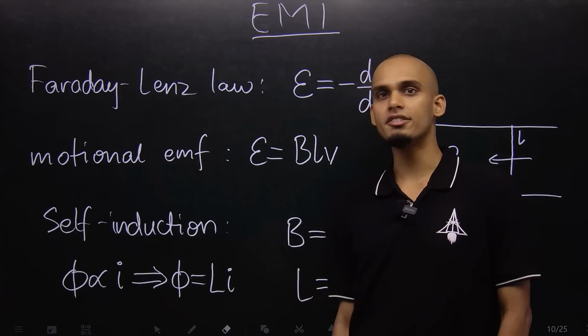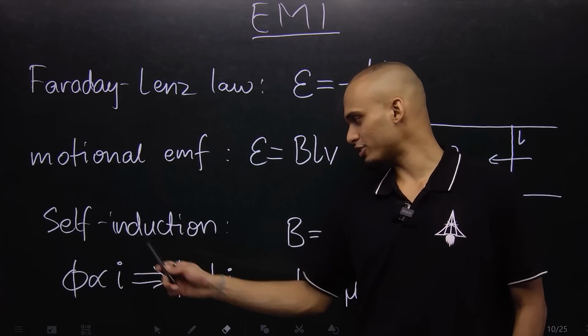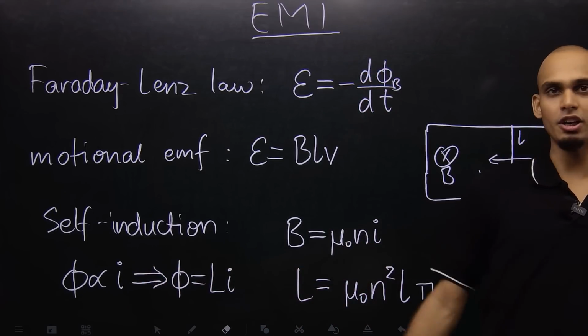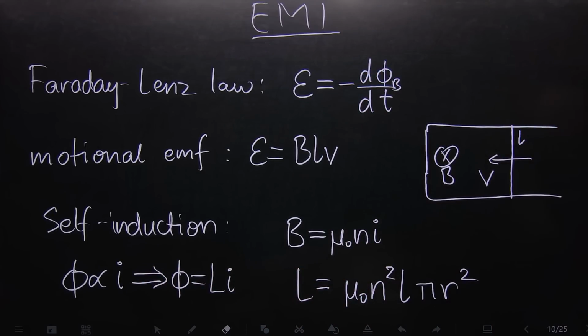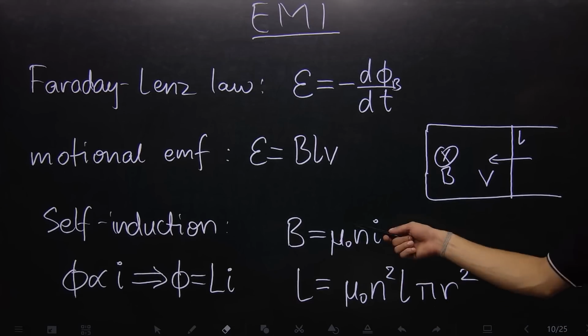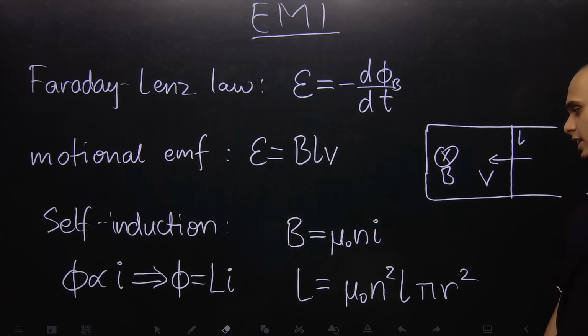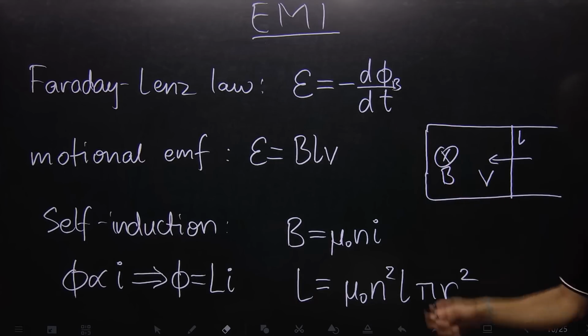All we do is assume that the flux is proportional to the current, putting in a proportionality constant, the self-inductance. We can write the magnetic field due to any coil, and the induced flux will depend on this particular value of the coil. Again, you can derive this simply using this one equation. This is the only thing you need to remember from this chapter.